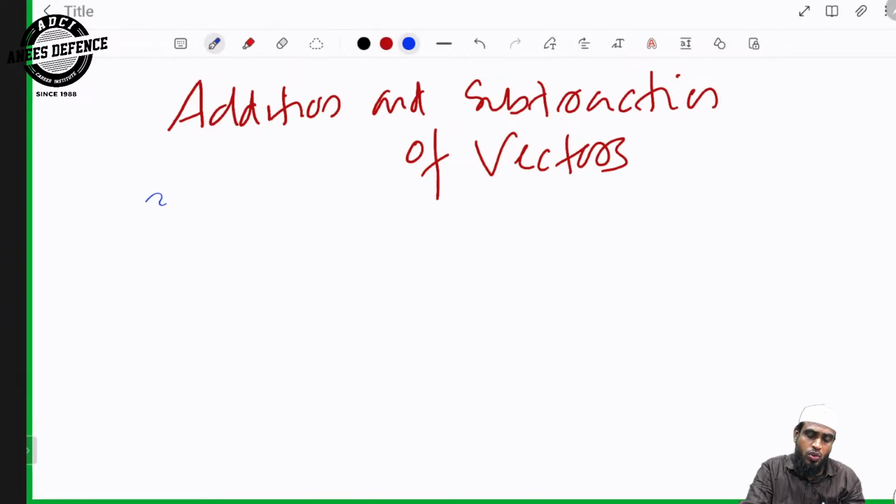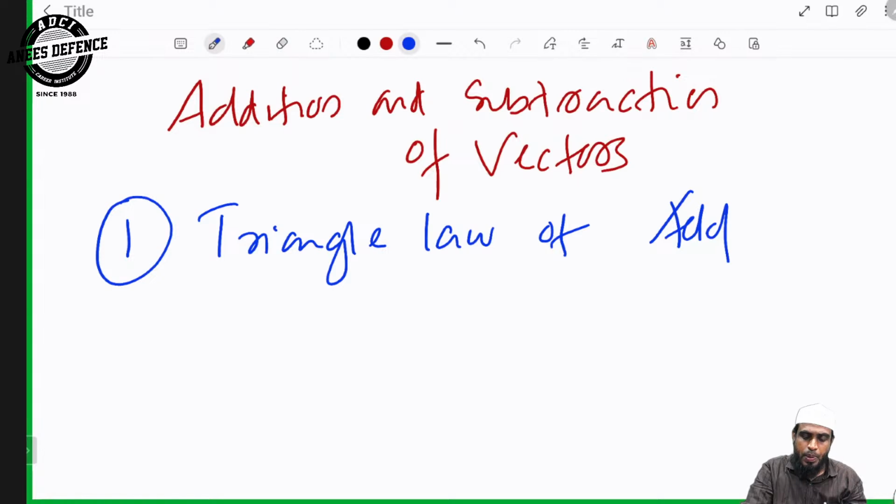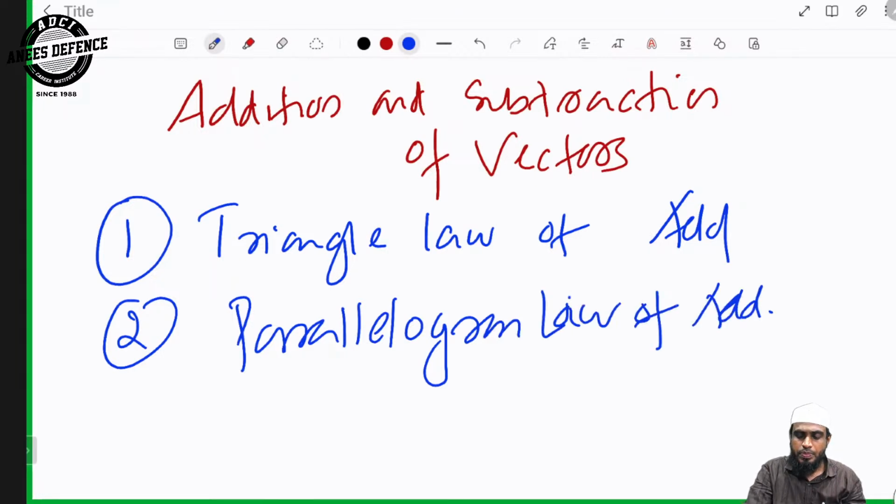One is the triangle law of addition. The second one is the parallelogram law of addition of two vectors.